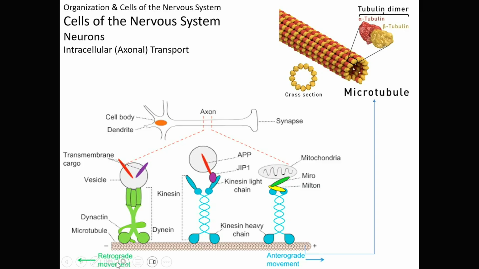These come together to form a tubulin dimer. Then you build your microtubule by putting all these tubulin dimers together to create a hollow tube-like structure. We call them microtubules because they are literally small tubes.